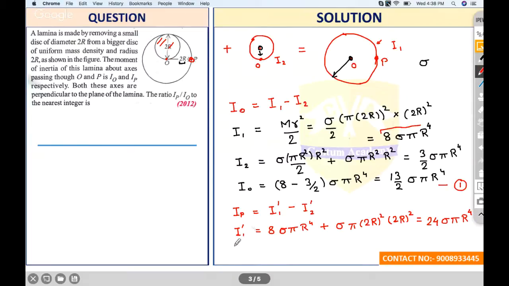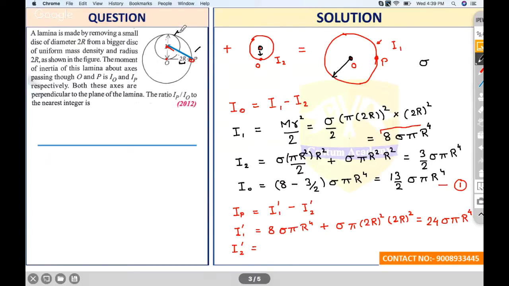Now what is I2 dash? I need to first find the moment of inertia about this point, which is the center of mass, and then I'll translate my axis from that point till point P. So what is this distance?